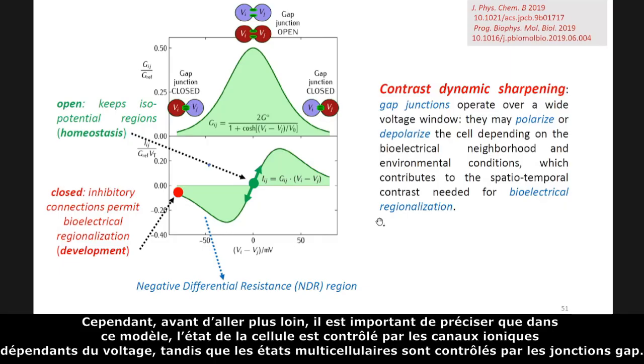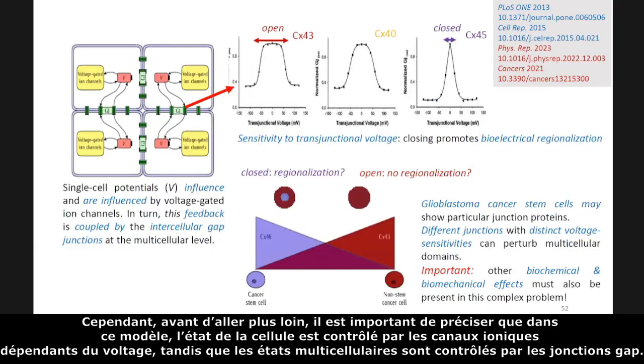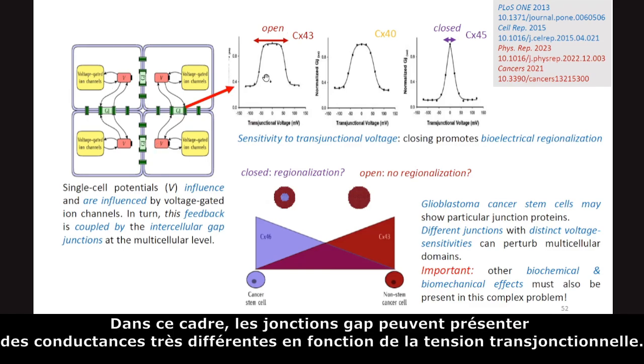But before that, it's important to say that in this model, where the cell state is controlled by the voltage-gated ion channels and the multicellular states are controlled by the gap junctions, the gap junctions can show very different conductance versus transitional voltage.